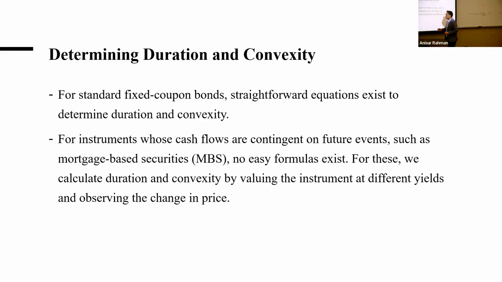Now, when it says that these have contingent cash flows, what that means is, most obviously or importantly, prepayment risk. So what happens when the interest rate goes down? The long-term interest rate goes down, mortgage interest rate also goes down.